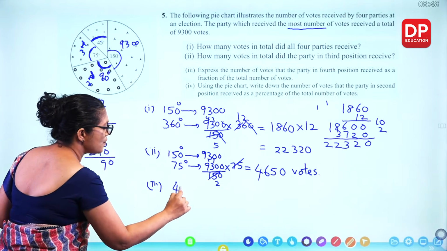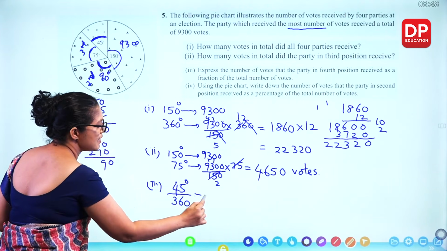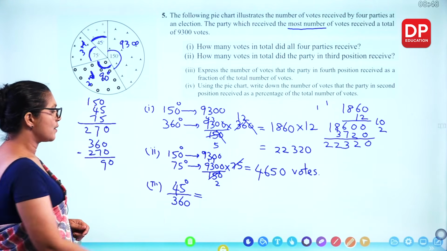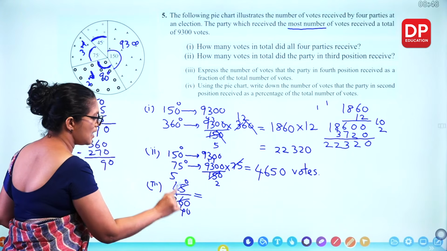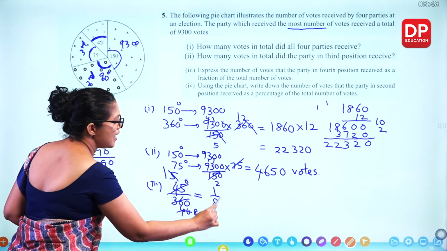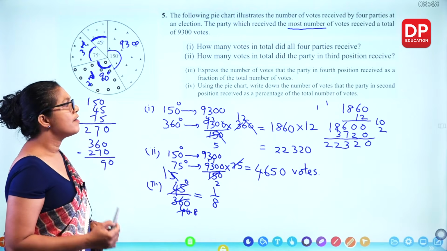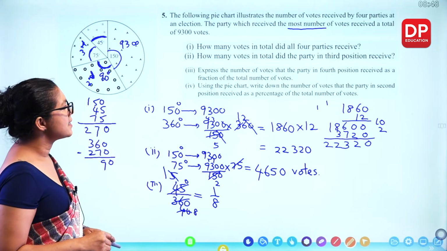We know this is 45 degrees out of 360. So what's the fraction? You can divide by 9. That's 5 times 1, 5 times 8. So 1/8 of a circle represents the fourth position party.